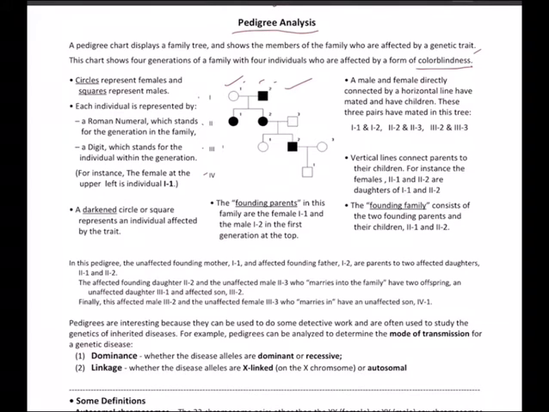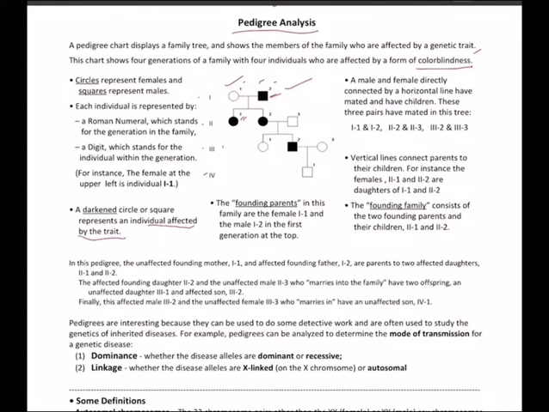For instance, the female at the upper left is individual Roman 1, digit 1. Next, a darkened circle or a square, like 1, 2 here, indicates or represents an individual affected by the trait.